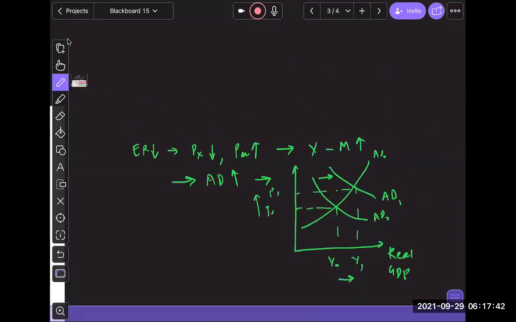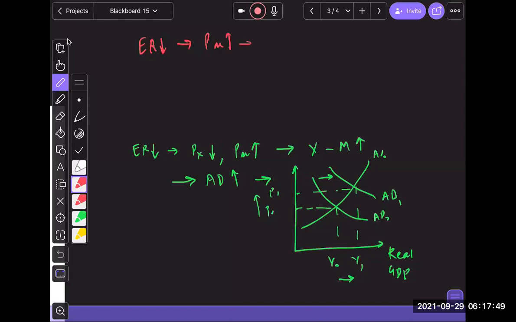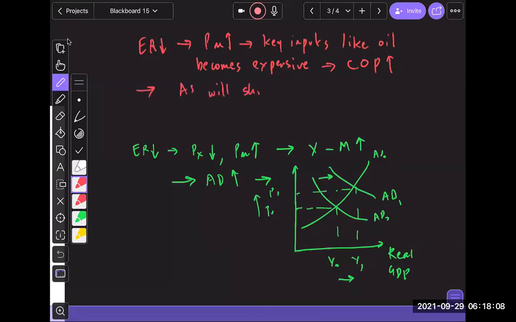Similarly, if the exchange rate goes down, because imports are becoming expensive, key inputs like oil become expensive, which means, exactly Taha, cost of production will go up, AS will shift back, causing your cost push inflation to happen.